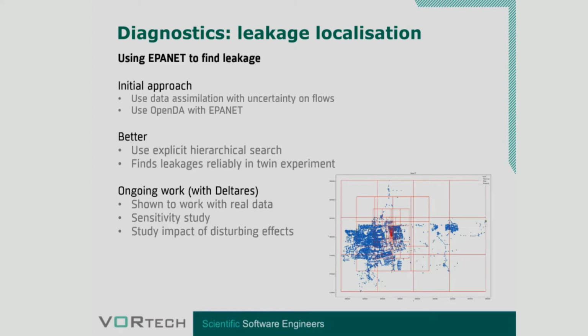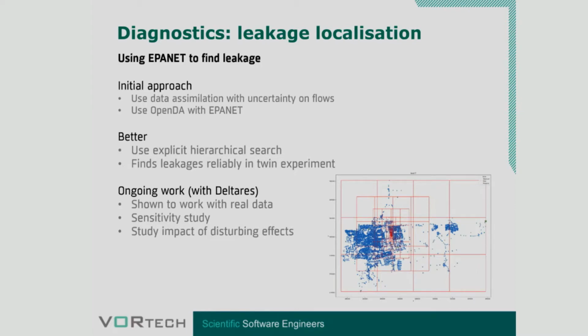And if you made a leakage in your model at the right location, then you might hope that the signal in the observation points matches this. Well, we found that with all the caveats there are, and I think you can imagine quite a few of them, it works remarkably well.